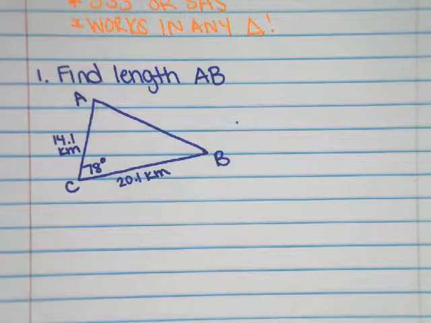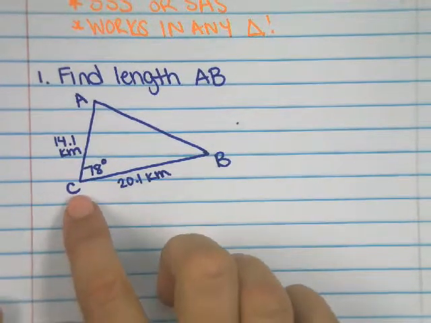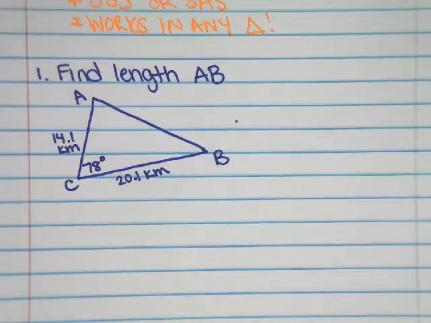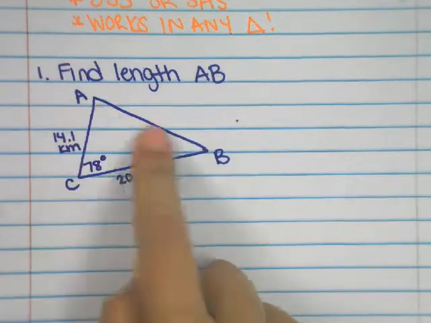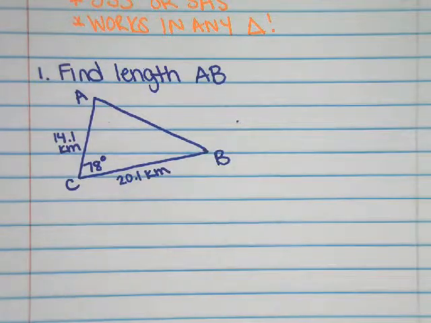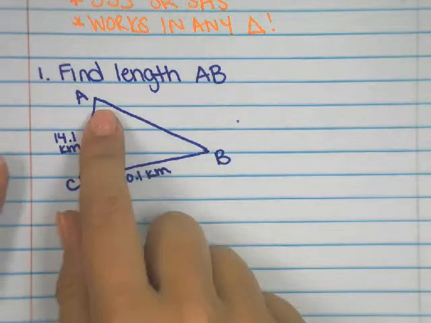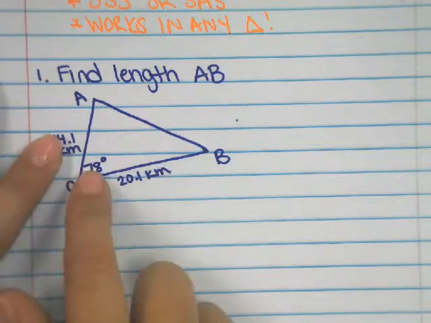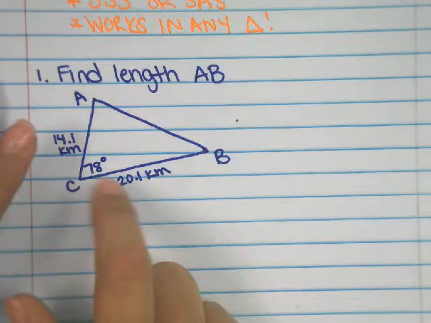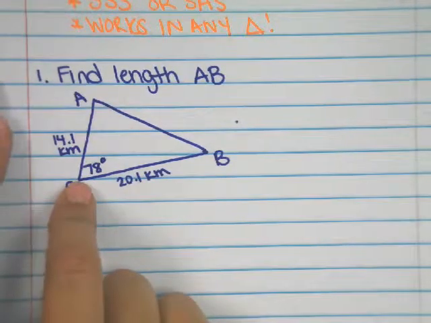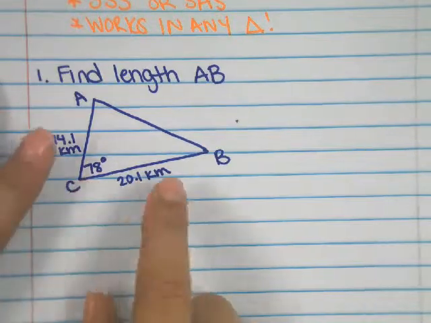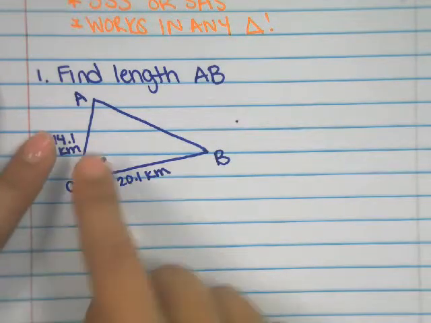I've got it labeled as triangle ABC. This is angle C, and we're going to go from here. We want to find AB, the side length. If you're thinking about how everything ties together, in the previous lesson in 15F, when you did area of a triangle, you could find the area of this triangle because you have 2 sides and the included angle. But if you didn't, you might need to find some more information before you find the area.